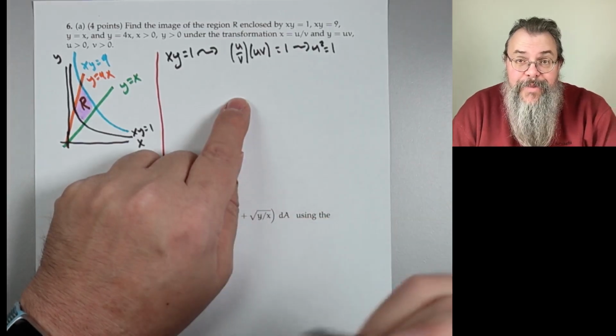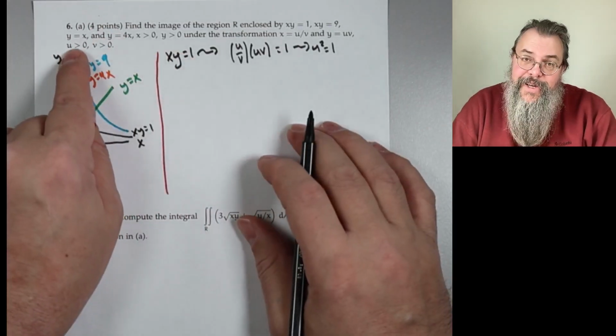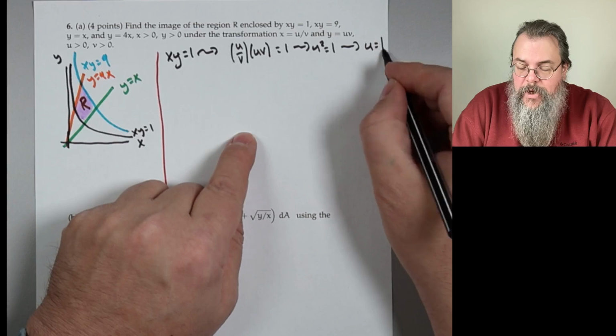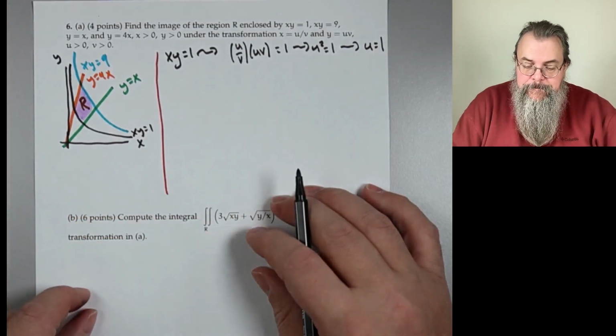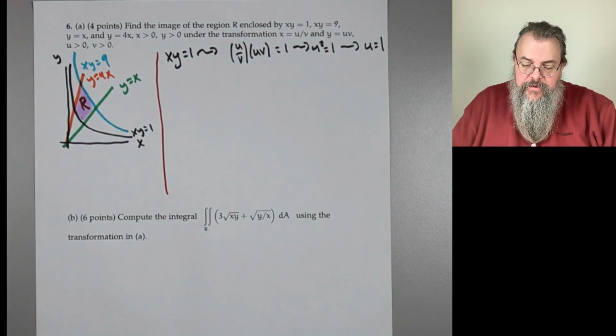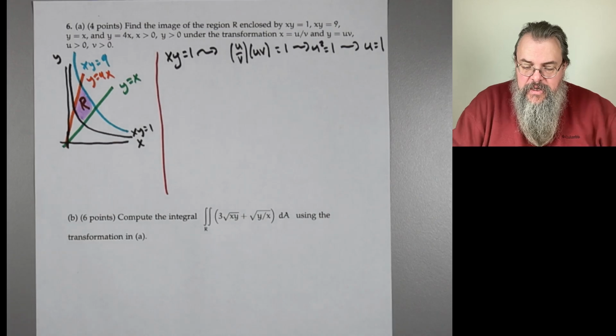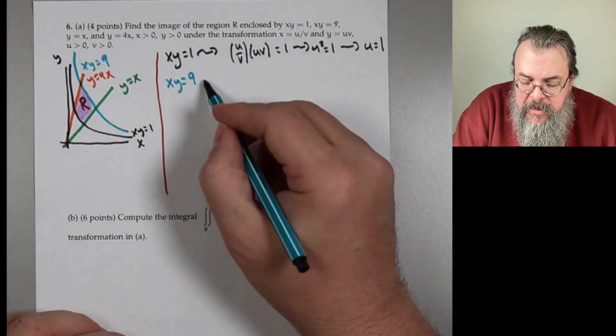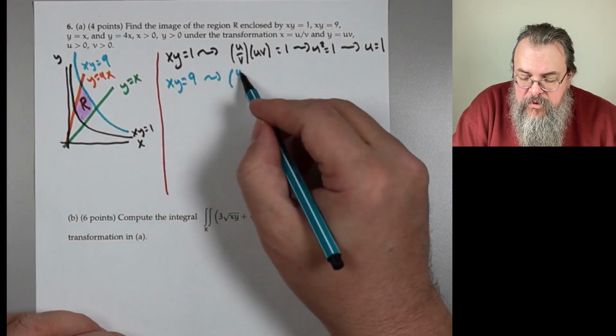U is plus or minus 1, but u is positive. So that says u is 1. All right. Now, we're going to do this for all the bounding curves. So the u equals 1. And how about xy equals 9? Again, everywhere you see an x, put a u over v.